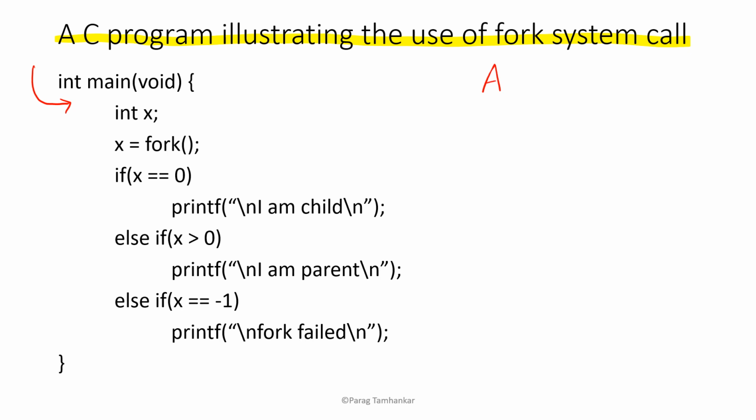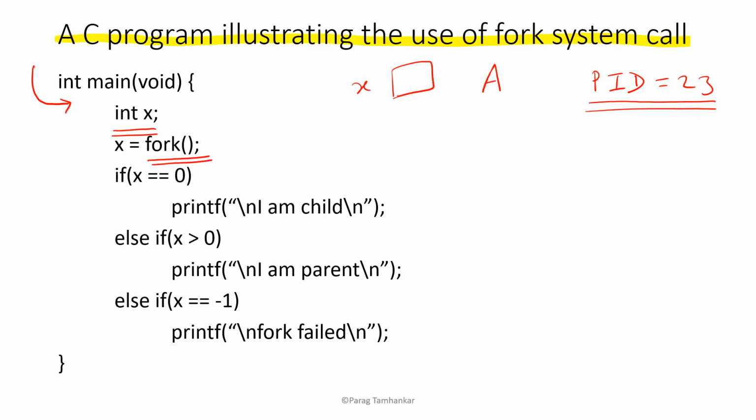Imagine it is process A, and its PID is say 23. PID is some number which is greater than 0. Now there is a variable X declared within this program. So process A will have its own copy of X.